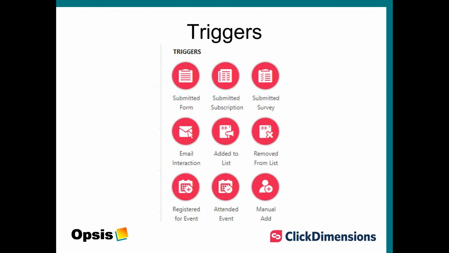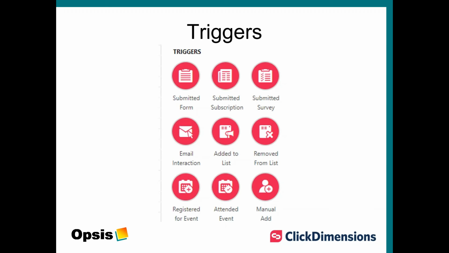What we've got here are the triggers that we can use to kick off any one of those automated flows. So somebody might submit a form or a survey. They may interact with an email, where an interaction is defined as either opening the email or clicking on a link.